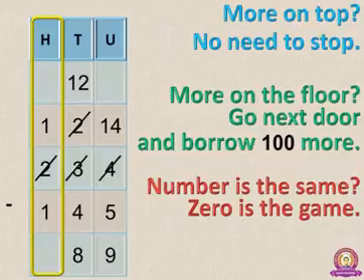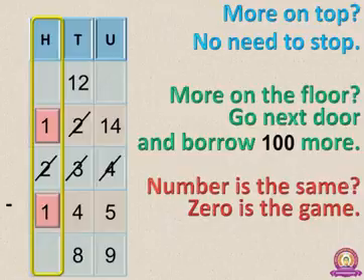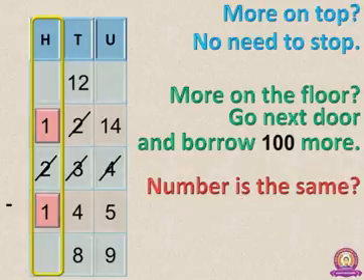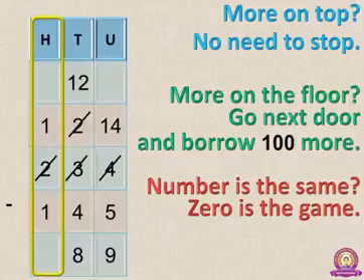Do we have more on top? No. Do we have more on the floor? No. Is the number on the top same as the number on the bottom floor? Yes. If the number is the same, 0 is the game. 1 minus 1 is equal to 0.